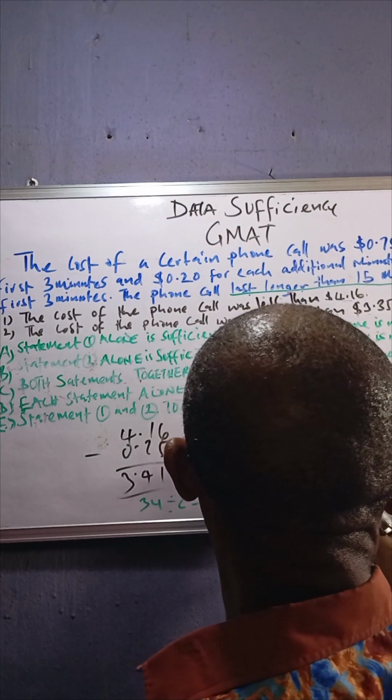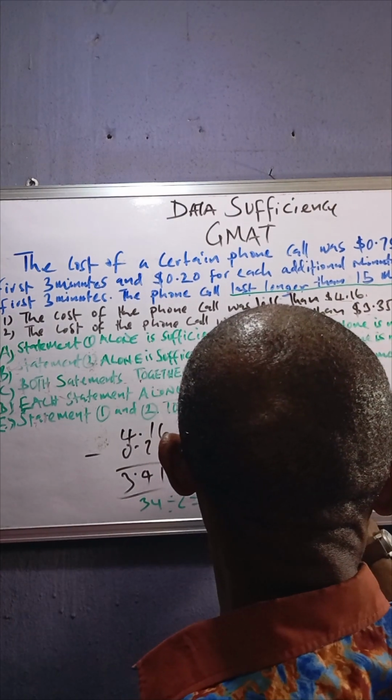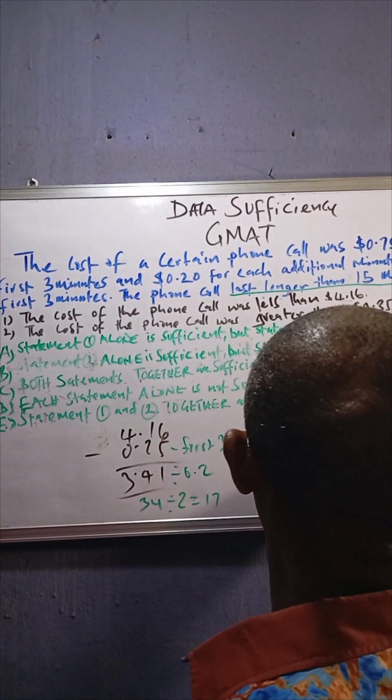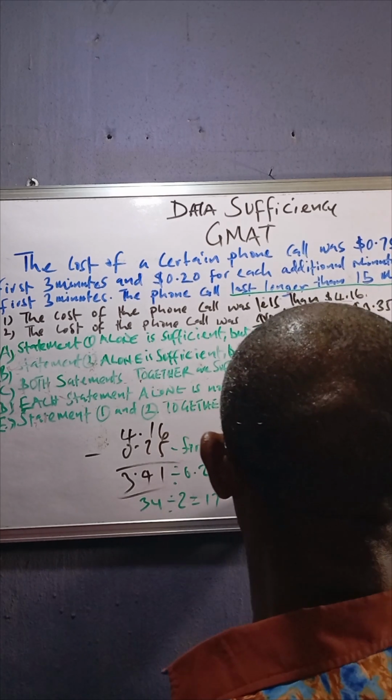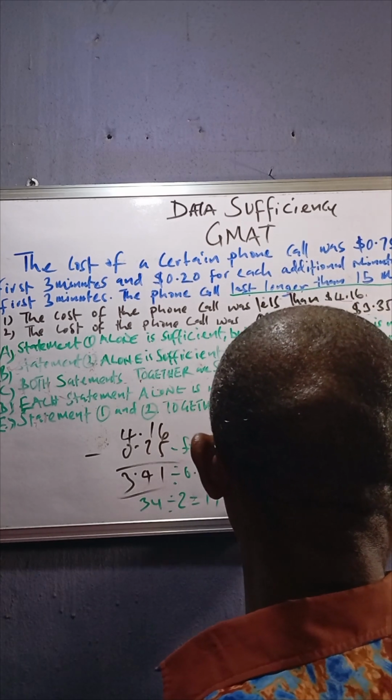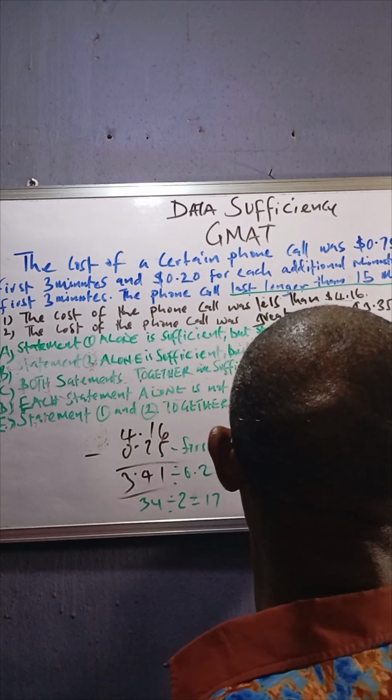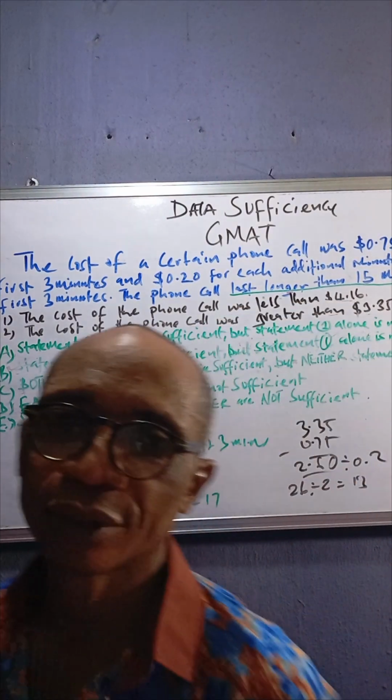If we look at 3.35 minus 0.75, this is 2.6, divided by 0.2, which is times 10, 26 times 10, giving 13.